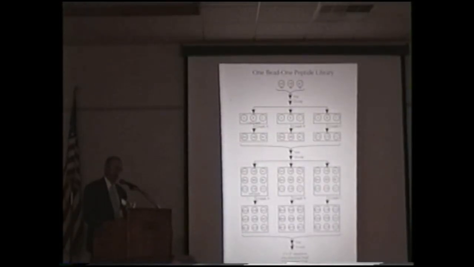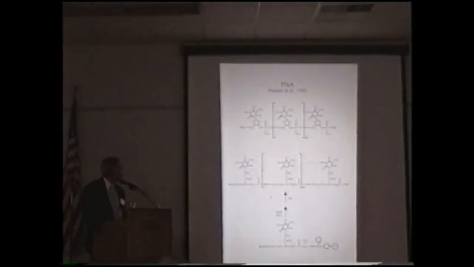I think I had one more slide. Oh, this is PNA. I obviously am running out of time. I think I better just not cover that. But PNA is a combination of a nucleic acid and a peptide. They've removed the sugar phosphate from the backbone and replaced it with a peptide chain. So again, this is peptide synthesis, and these things will bind to the DNA tighter than the DNA duplex.